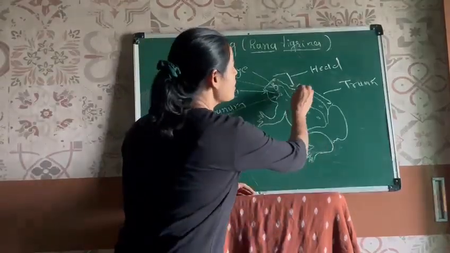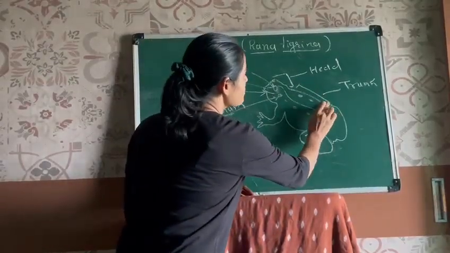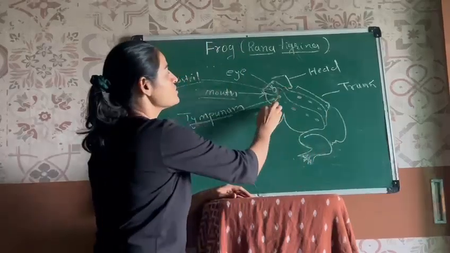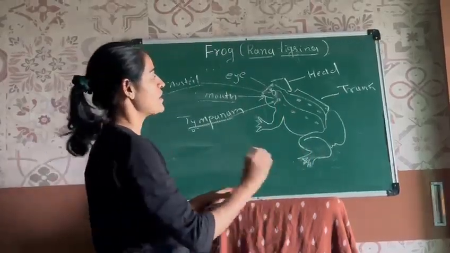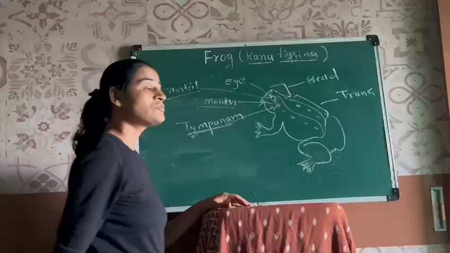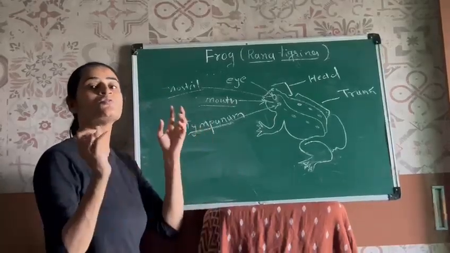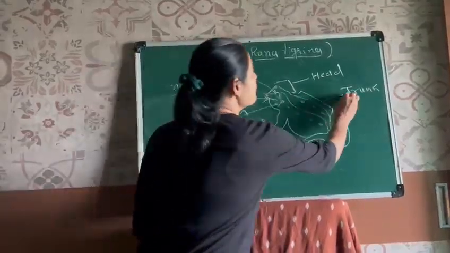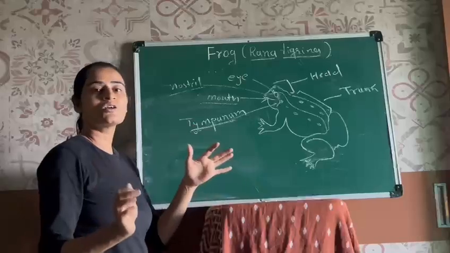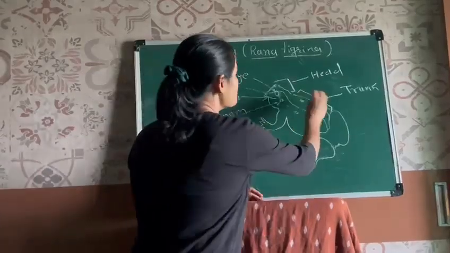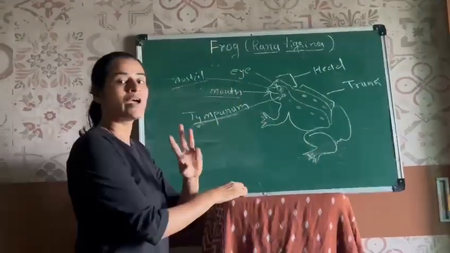Next we go to the structure called the trunk, because the neck region is absent. The trunk is a fusion of thorax and abdomen. The abdomen and thorax get fused and form the trunk.